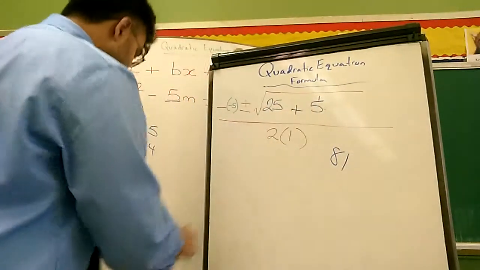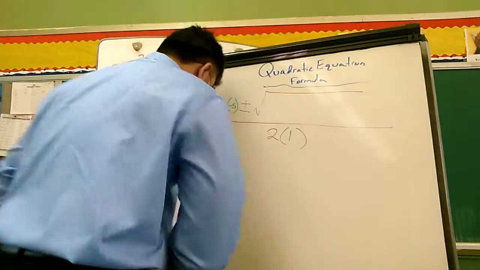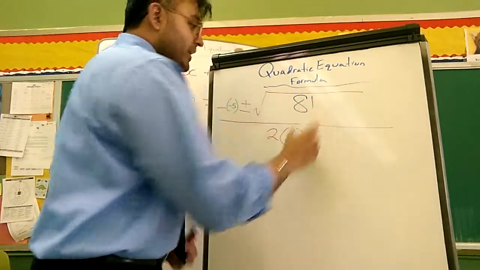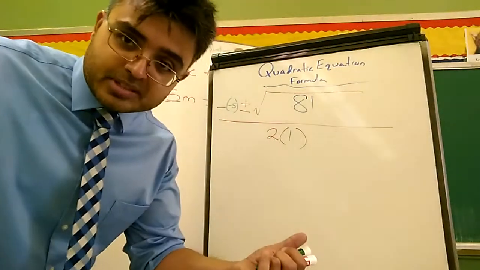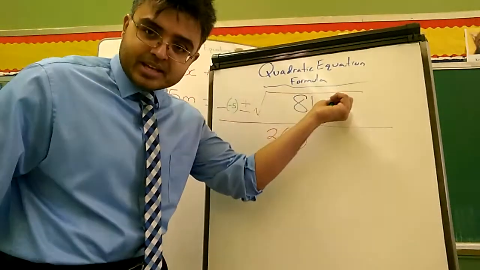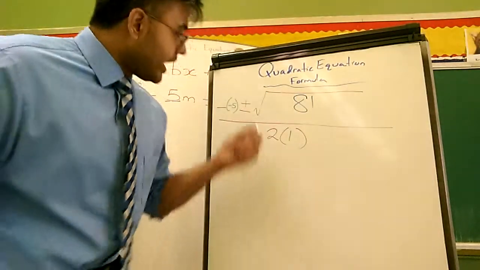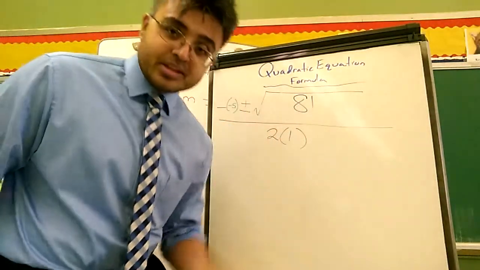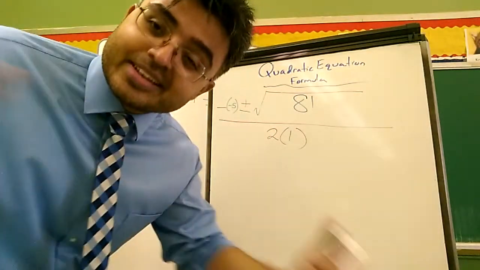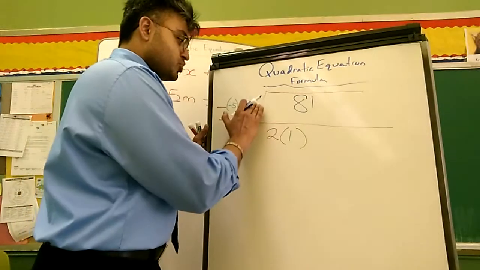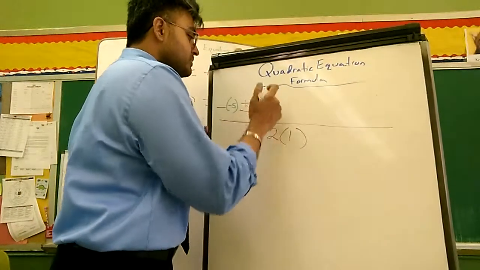So 25 plus 56 is 81. You guys see that? It's simple as that. Just do the numbers inside the square root first. I got 81, and guess what? I know what the square root of 81 is. It's 9 times 9. 9! So the square root of 81 becomes 9.